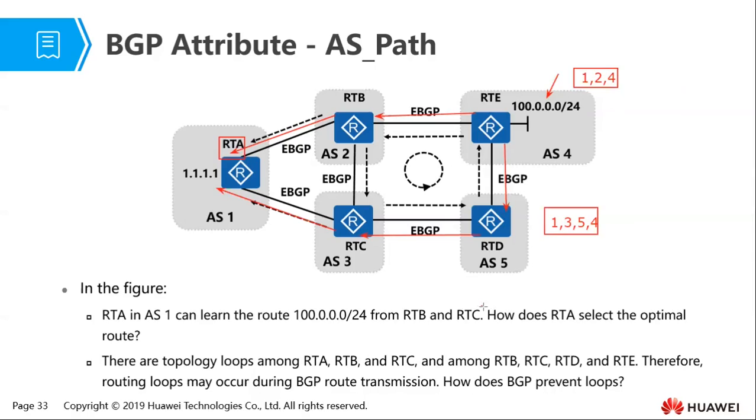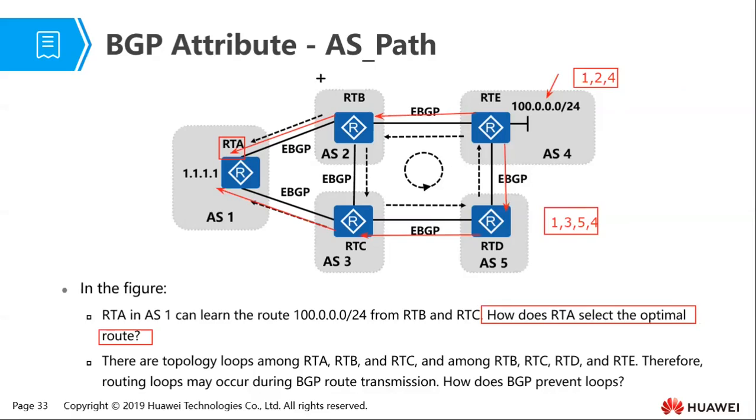So that is how RTA will select the optimal route, the route with the shortest AS path. So in BGP, a router will prefer a route with a shorter AS path than the one with a longer one.